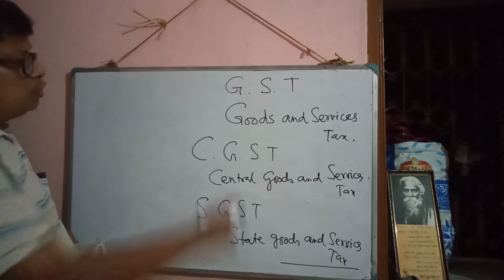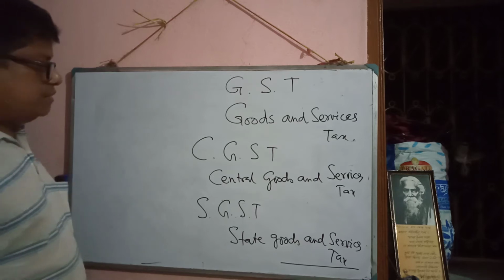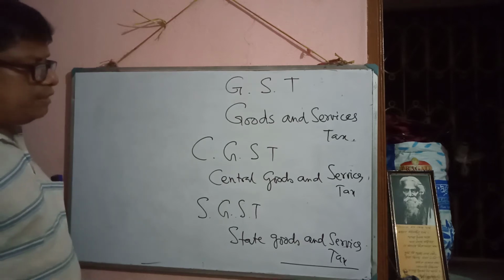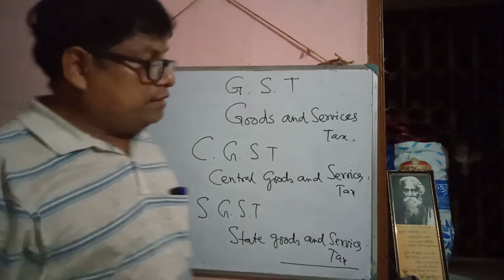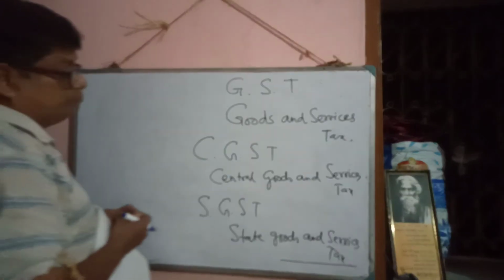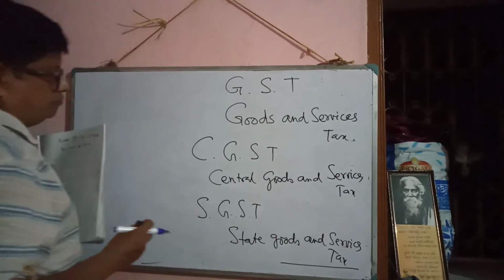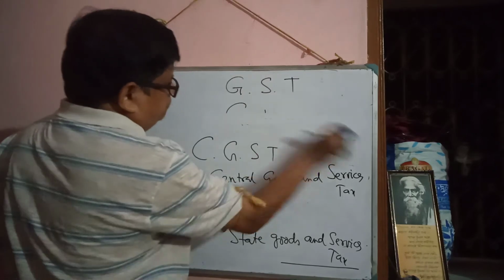Okay. So GST full form, goods and services tax. CGST, central goods and services tax. SGST means state goods and service tax. Okay. Next one.